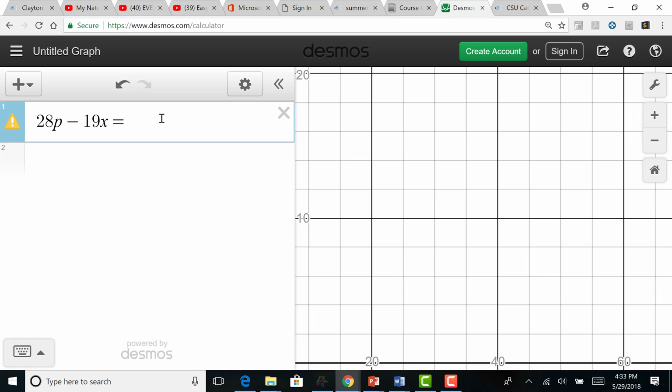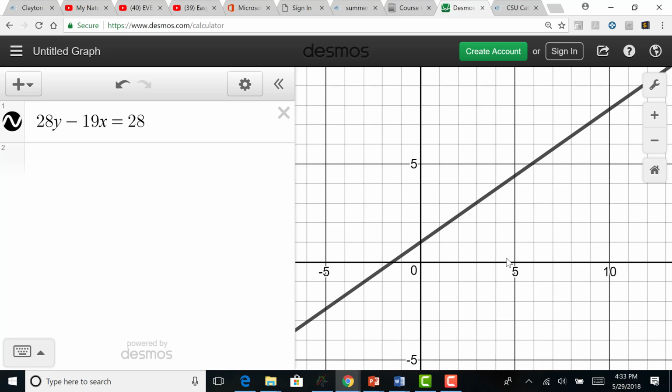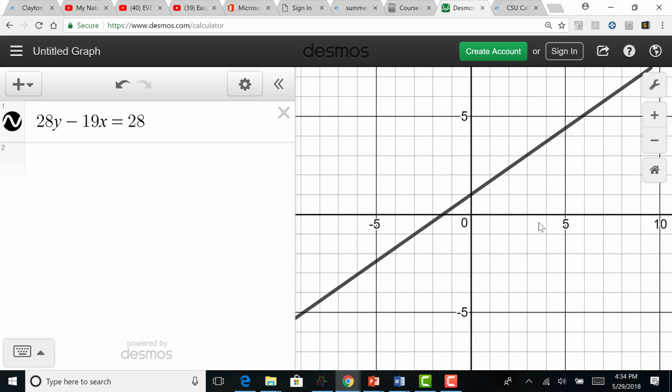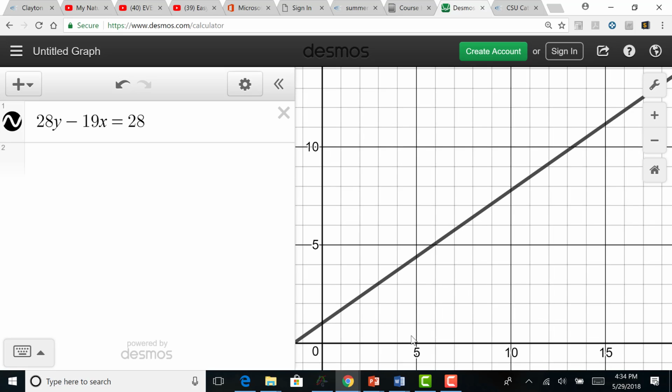Sometimes Desmos only likes x's and y's. And I'm going to find out in a second if it likes it. So again, it doesn't like my p. Notice it doesn't like my p. So I'm going to make it a y. There it is. There's my equation. What's wrong with my line? I'm going to change my home. There we go. Why am I moving my screen? Why am I moving it so that it's down right there?